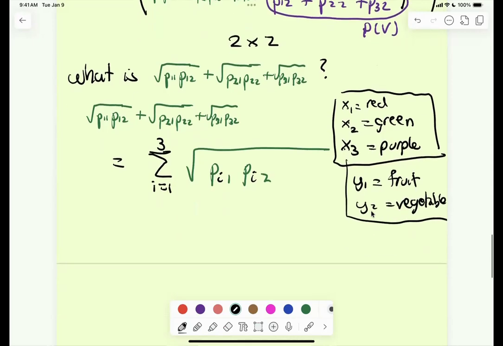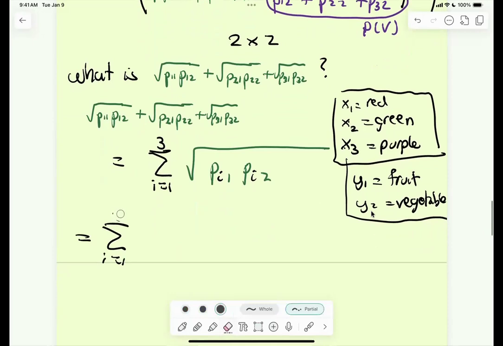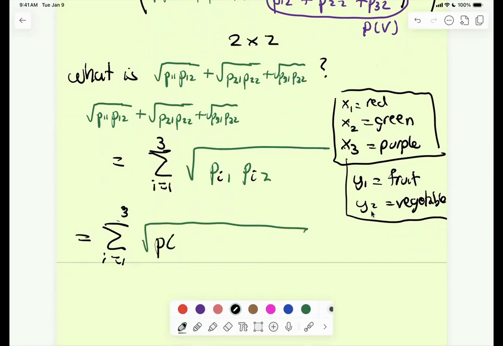Okay, so this sum, to write it in a more explicit notation, would be the sum from i equals 1 to 3 of the probability of x_i and fruit, times the probability of x_i and vegetable.